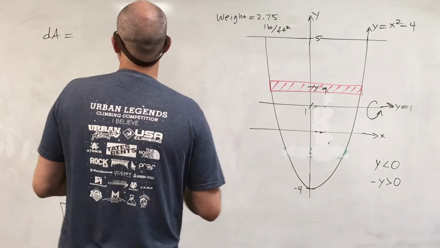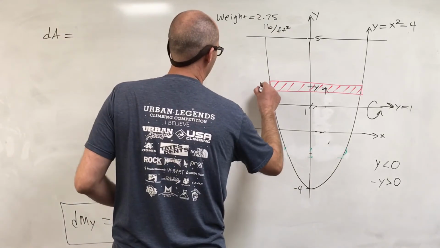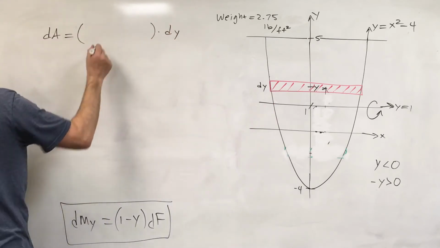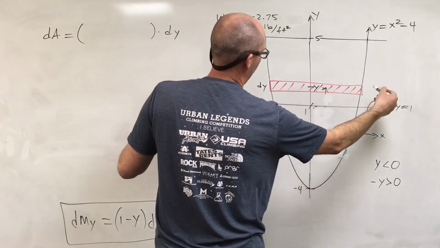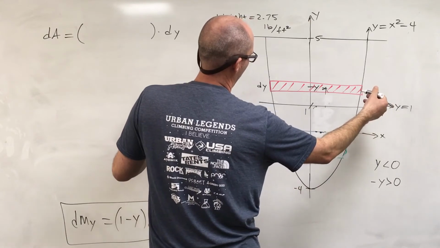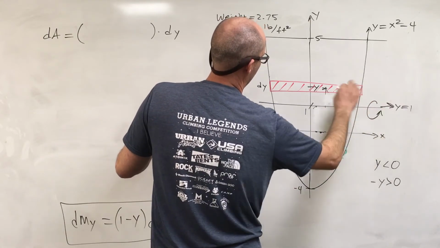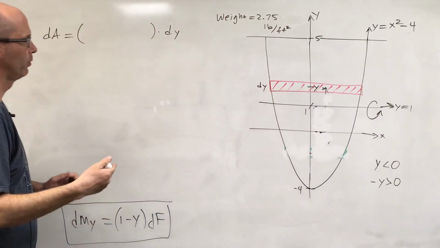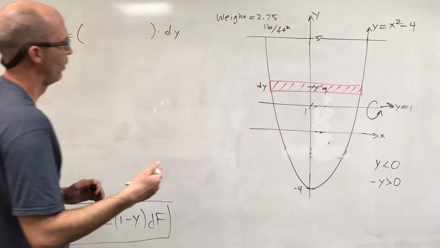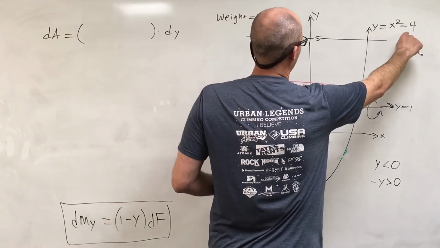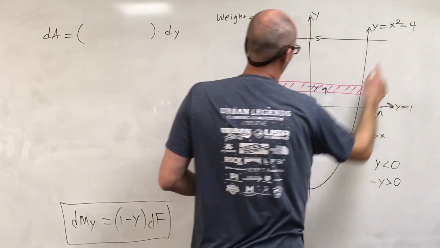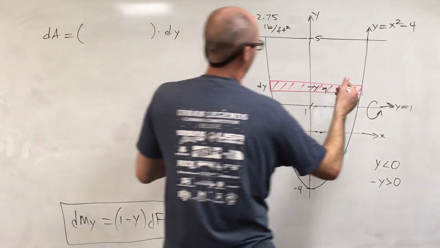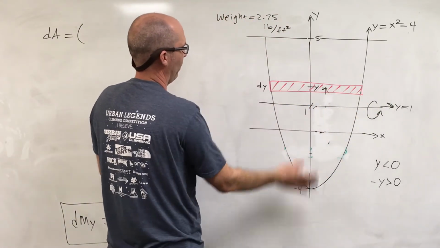All right, so now the width is going to be dy. So we got dy, and now we just need the outer, or right minus left. Right now we have y as a function of x, but we need x as a function of y because we're integrating along the y-axis.